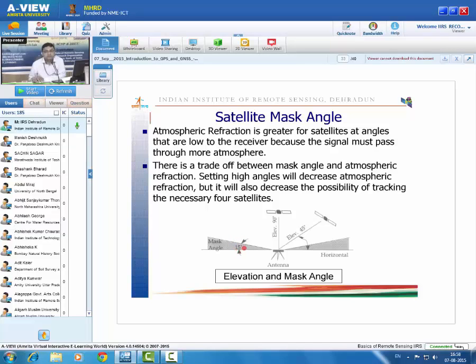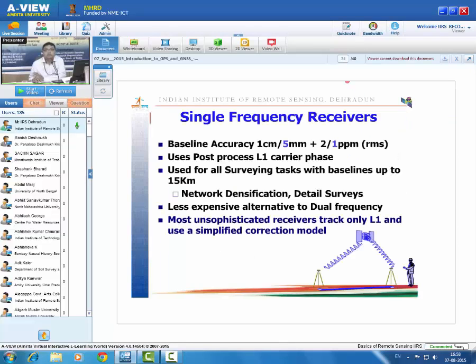This angle is known as the mask angle. If we increase the mask angle, the number of satellites decreases. If we decrease the mask angle, then we start receiving signals from the far end, which have more errors which need to be corrected later on.